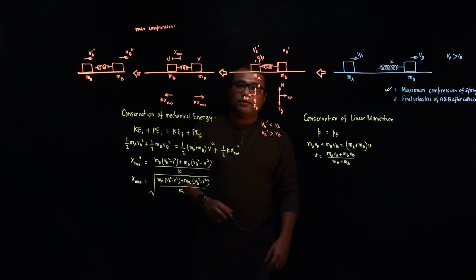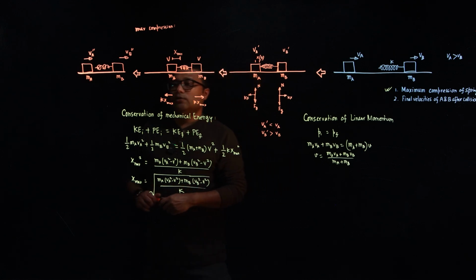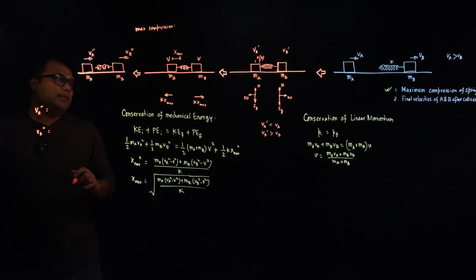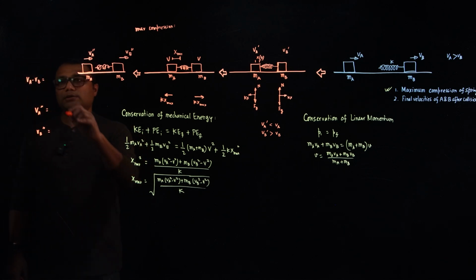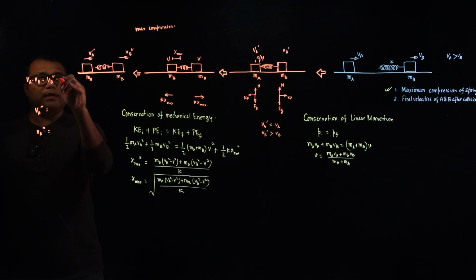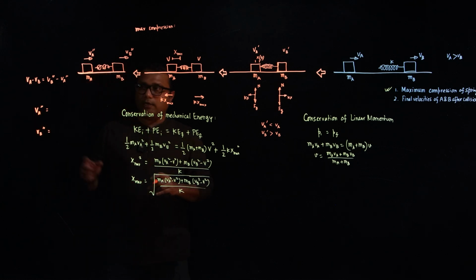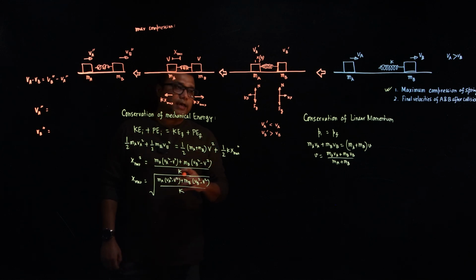In elastic collision, we know that both kinetic energy and linear momentum are conserved. So from that, we can very easily write down v_a double dashed and v_b double dashed using two equations. One is the relative velocity of approach, v_a minus v_b, equals the relative velocity of separation, v_b double dashed minus v_a double dashed. We come to this conclusion from applying conservation of linear momentum and conservation of kinetic energy.